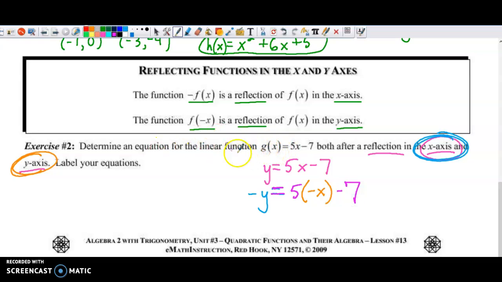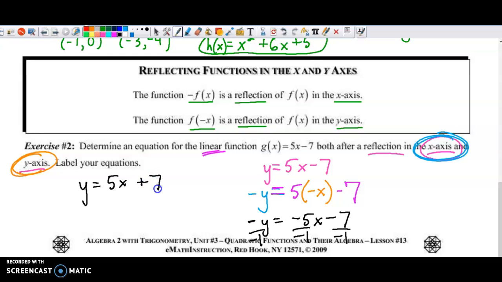So if we want a linear function, we need to solve for y. So just a reminder, maybe I'll switch back to that black color, we have negative y is equal to negative 5x minus 7. But you need to divide everything by negative 1. So we're looking at y equals 5x plus 7.